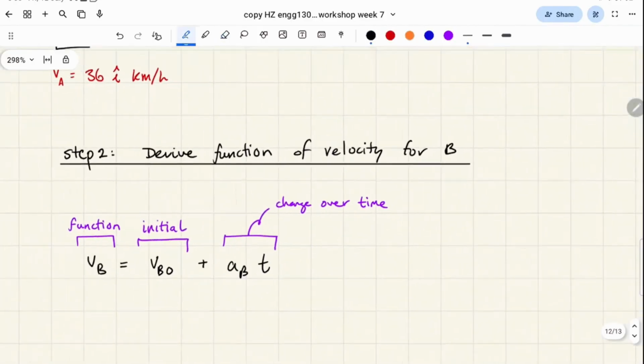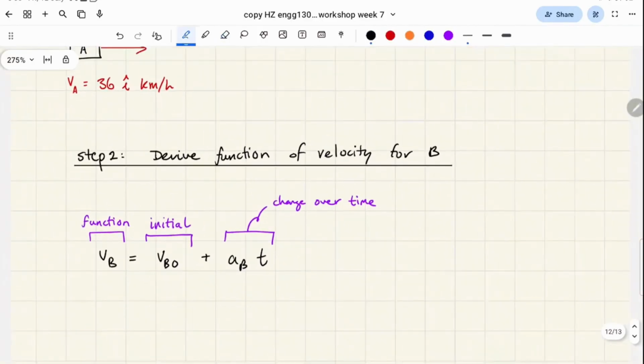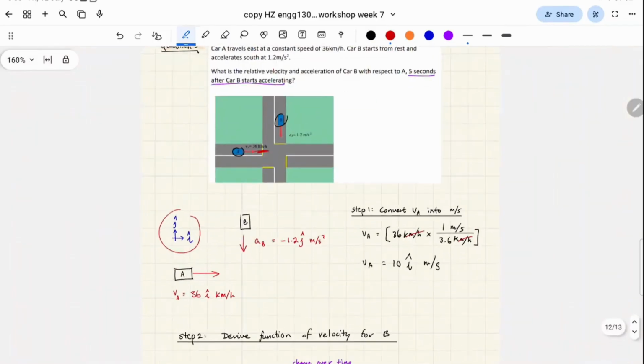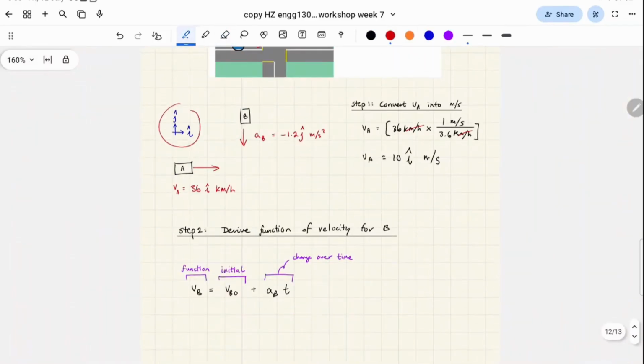Okay, step 2, we're still going to use that idea of function is equal to the initial value and then the change over time, essentially, right? So car B, right? Car B is this one. It starts from rest, we're told.